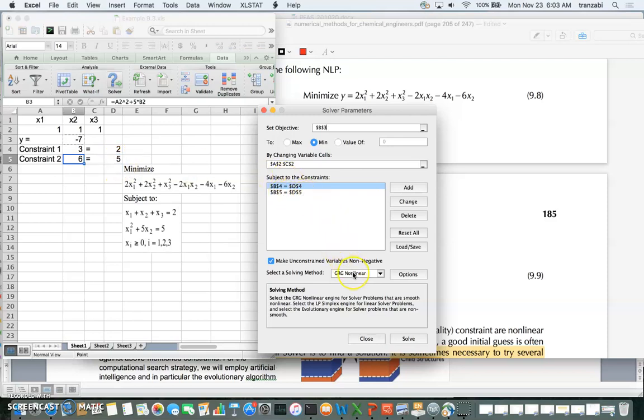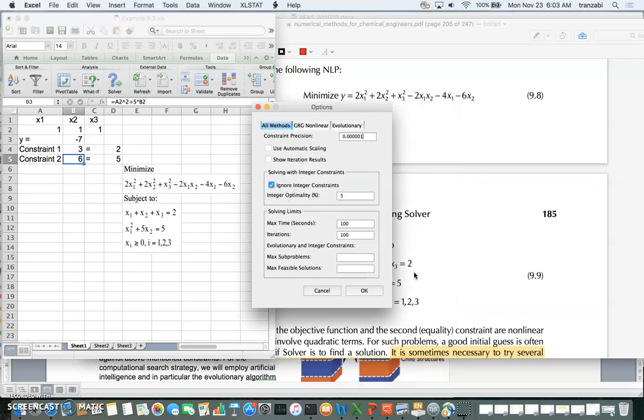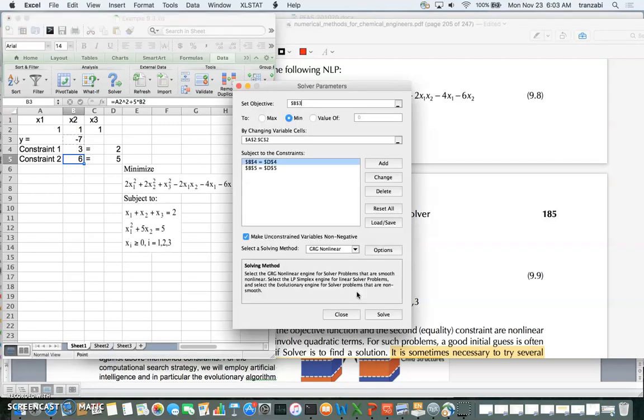That's all about it. And make sure you click on GRG nonlinear, not simplex LP. This is nonlinear programming. And then for timing, you can maybe say 100 seconds and maybe 100 iterations maximum. And this also should be some number. You're going to leave this blank. Okay, so say OK here.